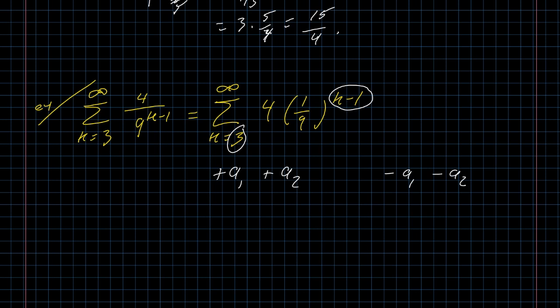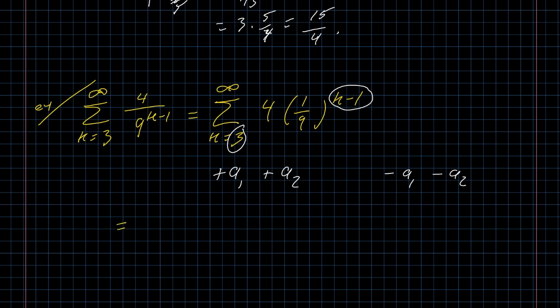So if I take the sum, I add a1, I add a2, then I subtract a1 and I subtract a2, it will take me right back to where I started. But by doing it this way, I can combine a1, a2, and the rest of the summation.